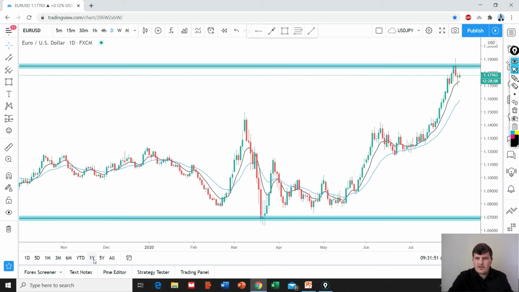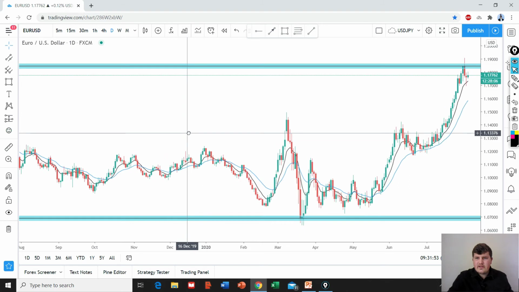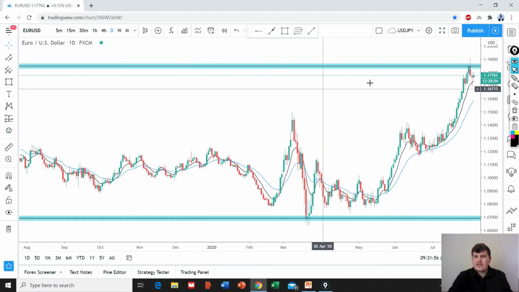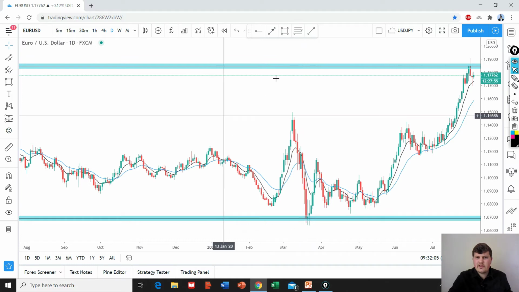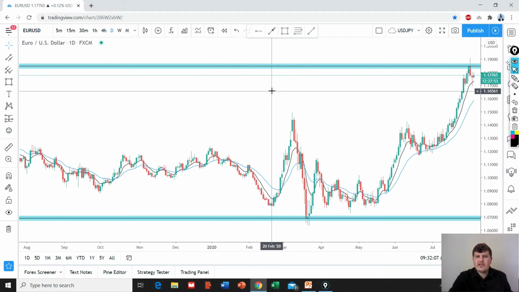So again, I select the 1 year period, and that is the first thing that you do. You select your daily candlestick, 1 year time period, you identify your yearly highs, your yearly lows, and you place an area at each level.